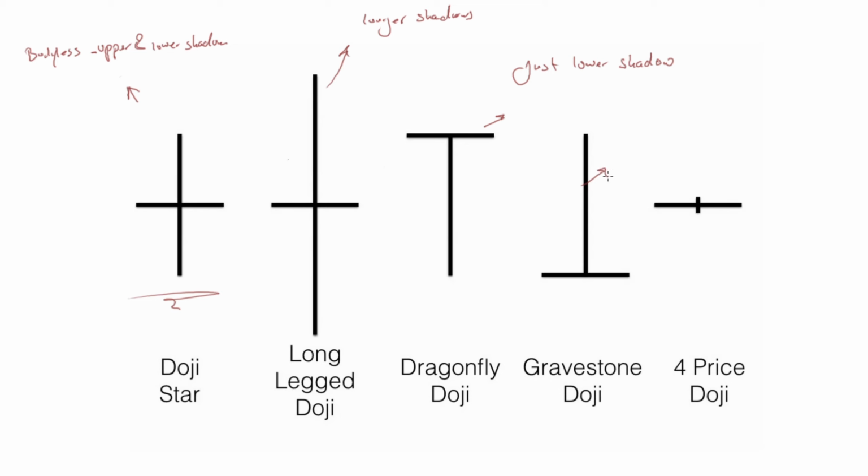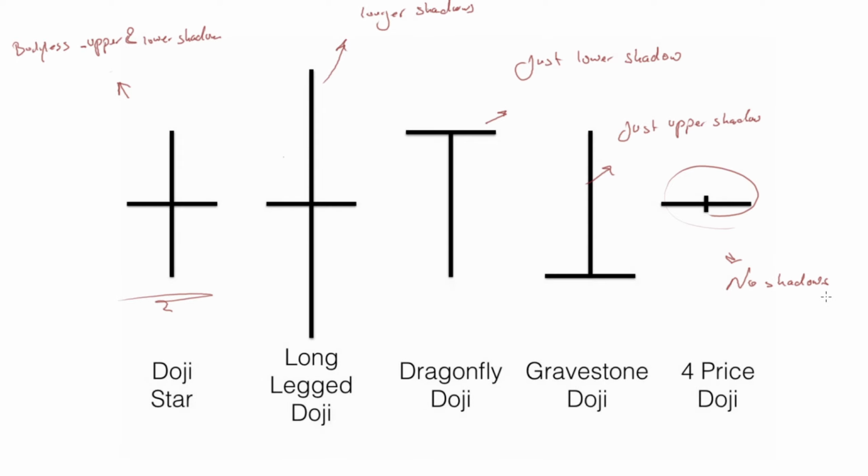And the opposite of it is the Gravestone doji, which has a long upper shadow and no lower shadow. And at last, we have the four-price doji with no upper and lower shadows. I will explain all of these dojis in this doji series and show you how to trade with them. But for today's video, we have the standard doji.